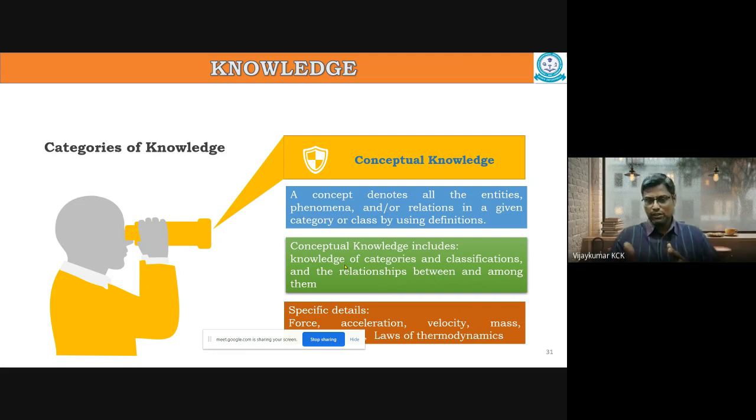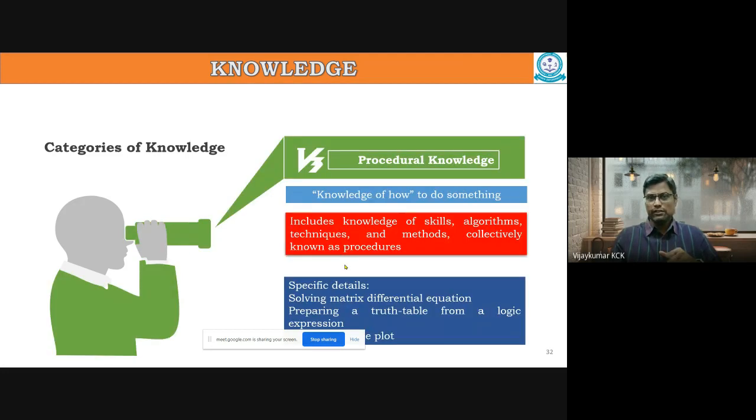For example, here I have given force, acceleration, velocity. What is the difference between all these things? If they are able to understand the difference between these three, then they have conceptual knowledge. So like that we can assess. The third is procedural knowledge, like mathematical form, algorithm form or tabular form, when we put step 1, step 2, step 3, step 4, like the truth table in logic expressions.